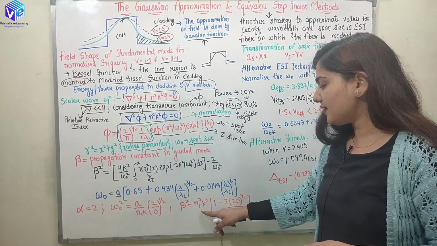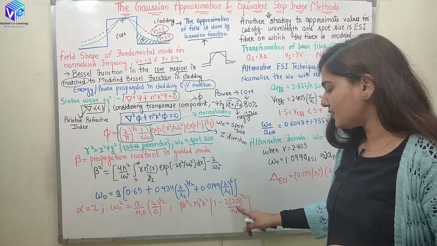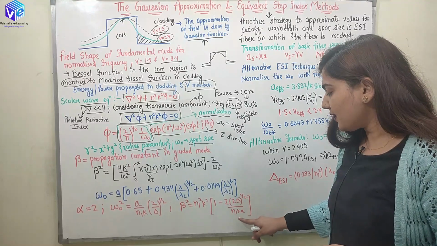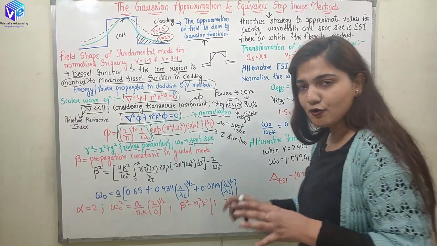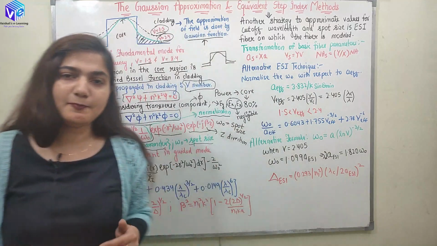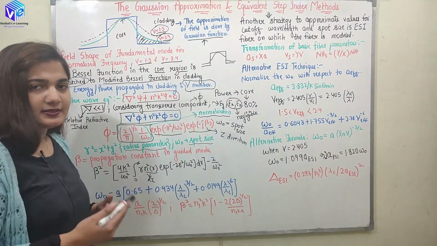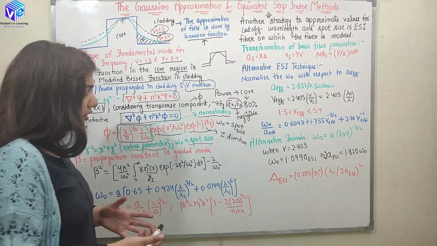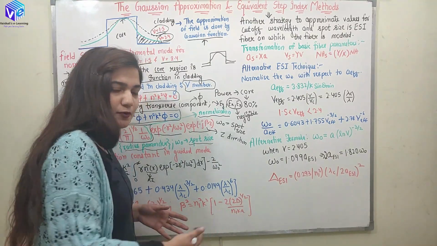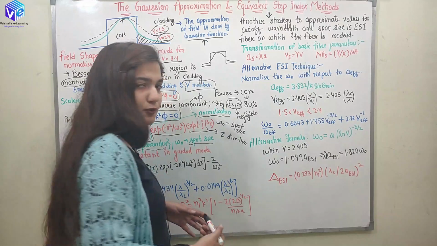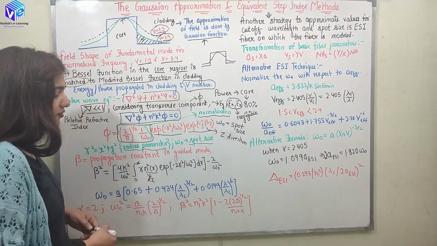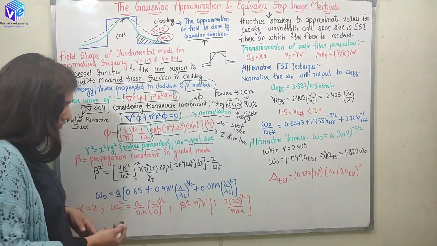Beta square would be given as n1 square k square times 1 minus 2 under root 2 delta upon n1 ka. I hope you know all of the parameters that I have used here. Now n1 represents the refractive index of the core, k is the propagation constant of the vacuum, a is the core radius, delta is the relative refractive index, k I have already told you.